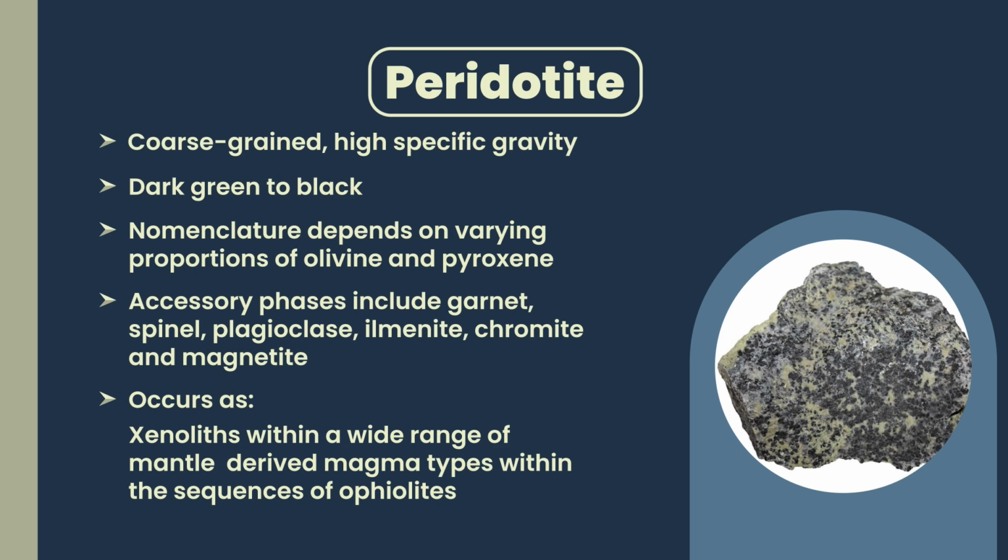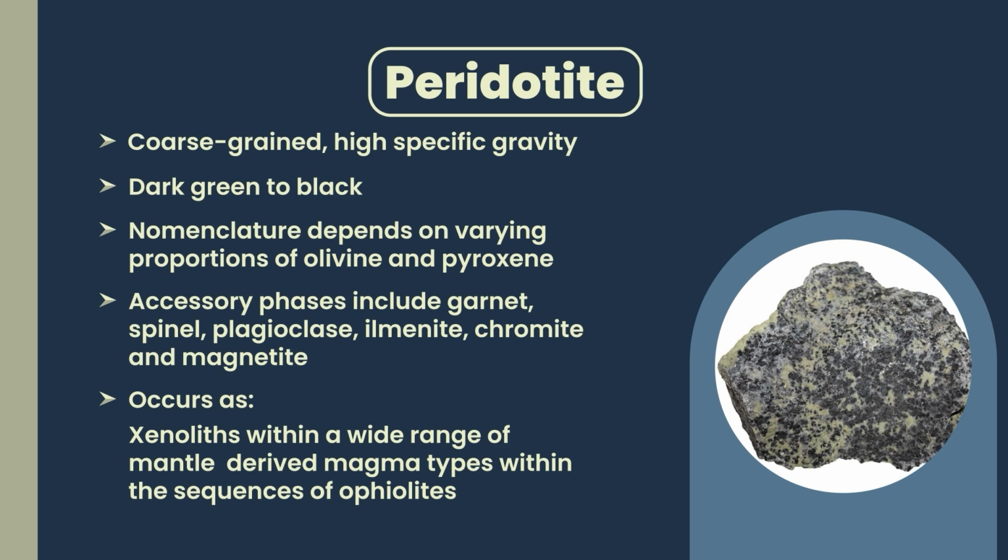The rocks are coarse grained because these are intrusive in nature. So, the grains can be observed even without any aid, we can see the grains with our naked eye.